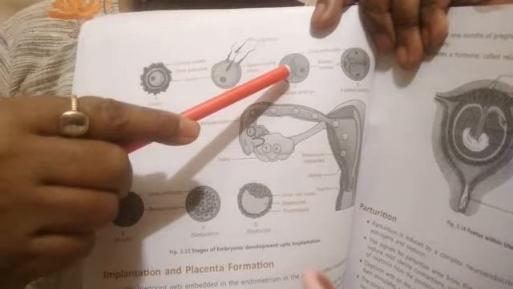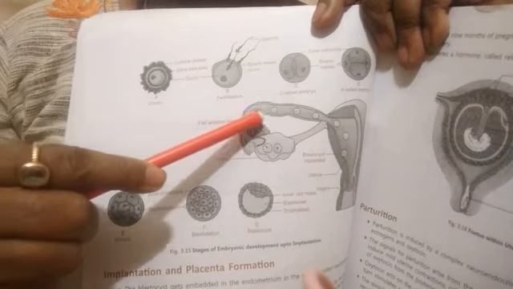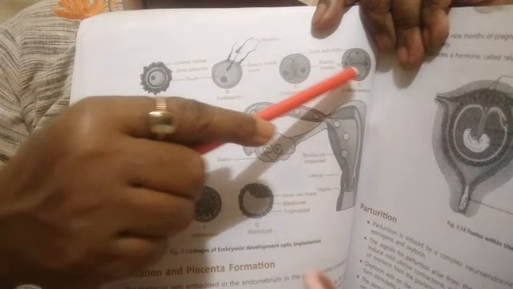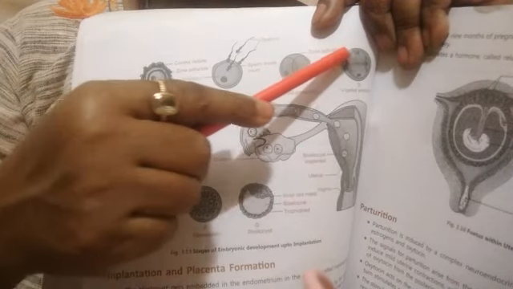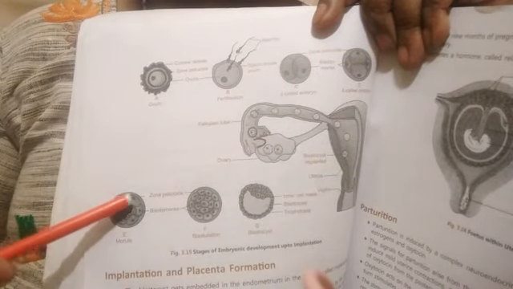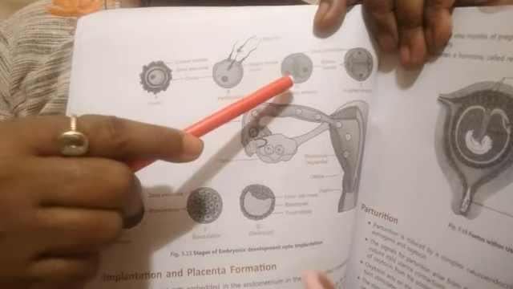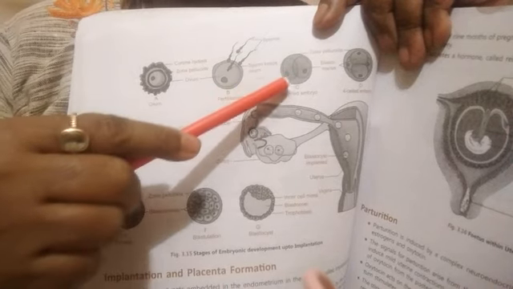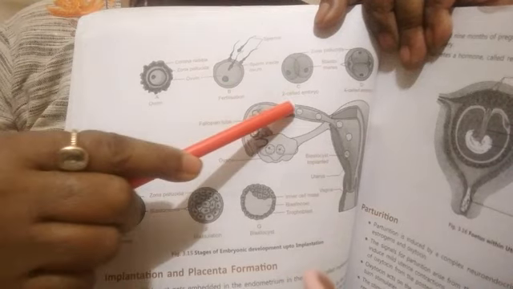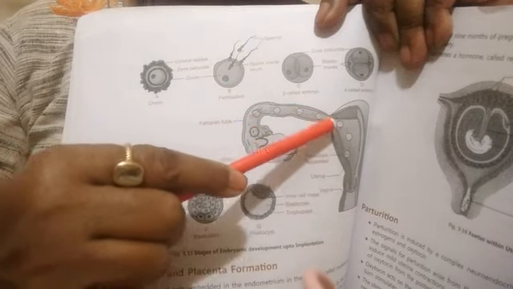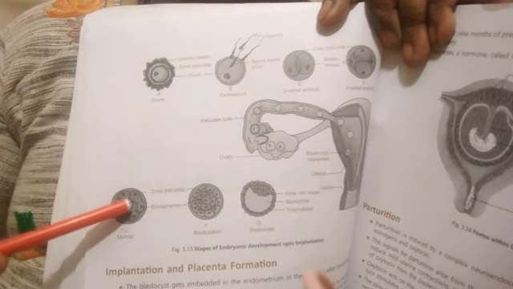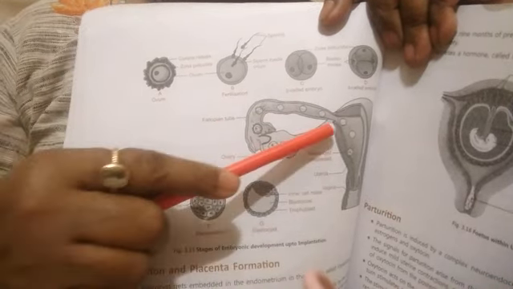Then the zygote undergoes cleavage, forming 2 cells, then the 4 cell stage, but without any increase in volume, then forming a solid mass called the morula. Till now the zona pellucida is there, and now it is moving here, a solid mass of 8 to 16 cells, rather the 32 cell stage, entering the uterus.